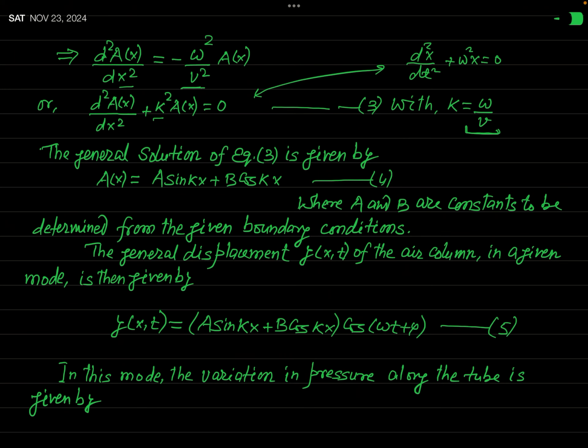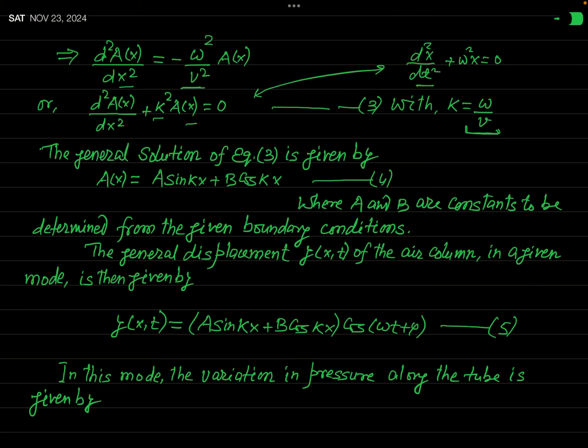So since the form of this equation is same, so definitely its solution will be exactly same as that of the general solution of a simple harmonic motion. Only we have to replace the variable t in the solution of equation of SHM by x. Okay.